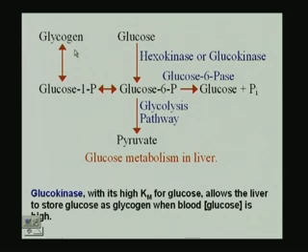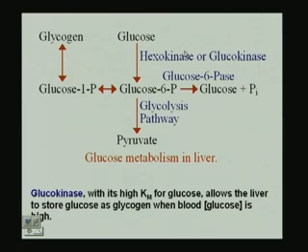So, what happens in this case, glucokinase with its high Km value for glucose allows the liver to store glucose as glycogen when the blood glucose level is high. So, this is what we would have in the liver, where the glucose is acted upon by glucokinase to form glucose 6 phosphate.